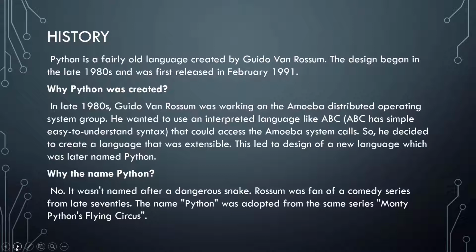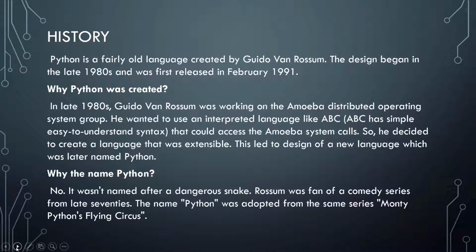It was developed in the late 1980s by Rossum, who was working on the Amoeba Distributed Operating System Group, and he wanted to create a language with simple communication and easy to understand syntax. This brought Python into existence.